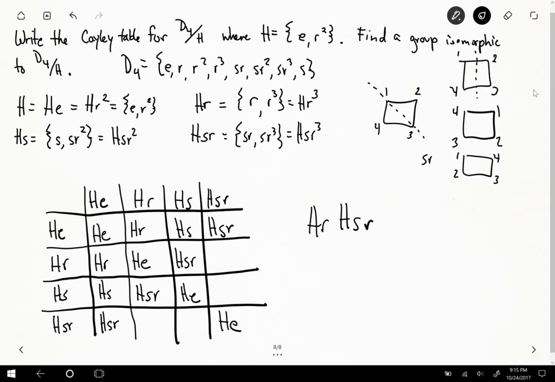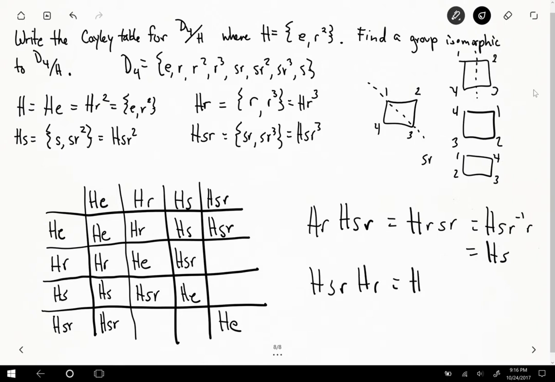So with this one, what do we get? We get HRSR. Remember, we can flip-flop those around, so notice this becomes HSR inverse R, and so that should just equal HS. And if you wanted to see the other direction, hopefully it's not too hard to see.